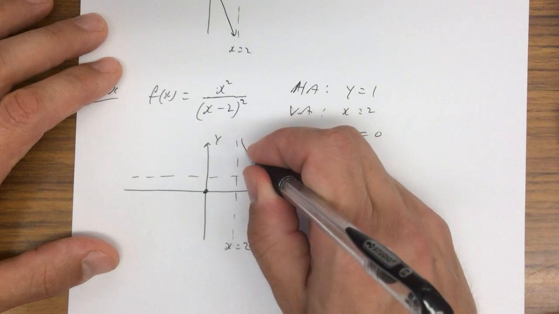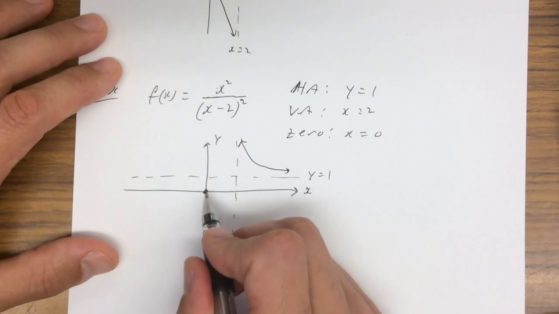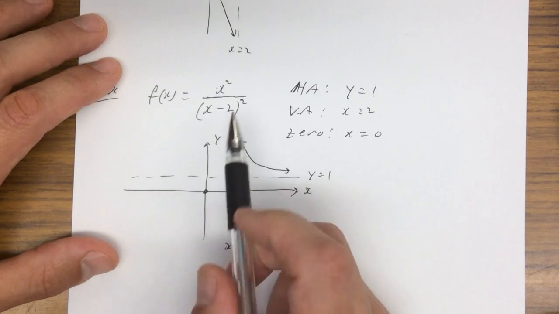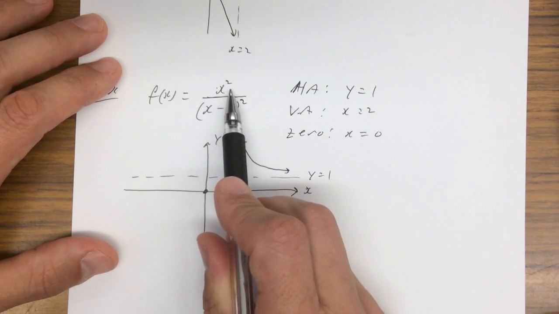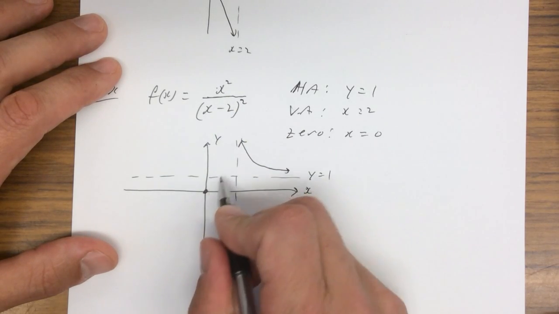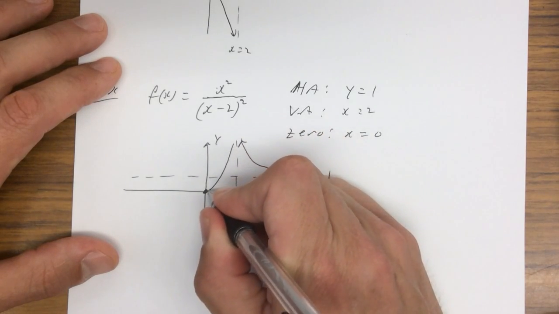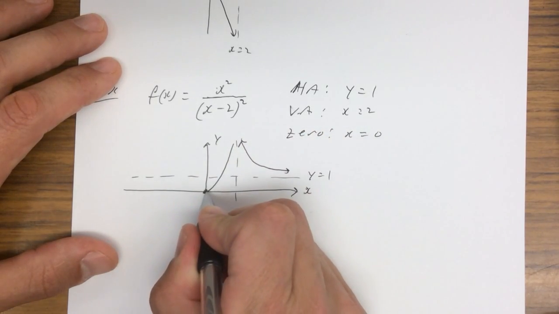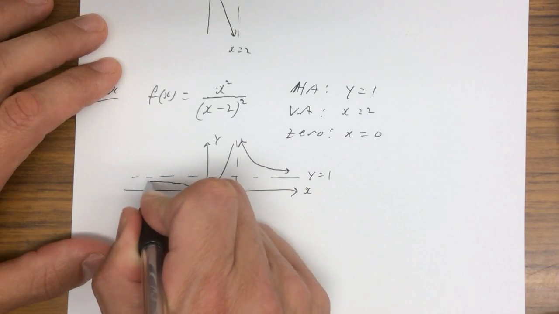And so we have this piece up here. Now over here, it's going to touch here, but this function is going to be always positive. Something squared is positive, something squared is positive. So it has to hit there, but it has to go up to this asymptote. So it must be coming like this, and then touch. And then it's going to go back up, but then it has to go along this asymptote.